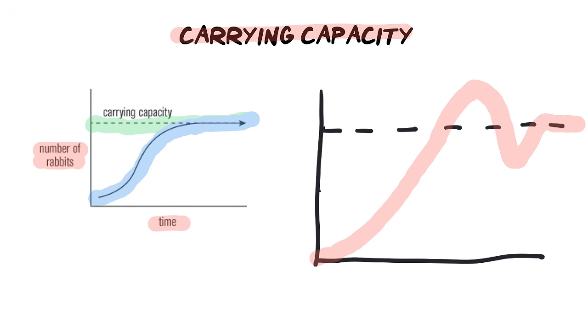If it doesn't do this perfect leveling out, what can also happen is it can go up and overshoot and then fluctuate gently around the carrying capacity. And that's often the most common and realistic growth curve, where you fluctuate slightly above and slightly below the carrying capacity over time. What we also need to talk about is, what is keeping the population curve below the carrying capacity? So what's pushing down on it when we look at these diagrams?